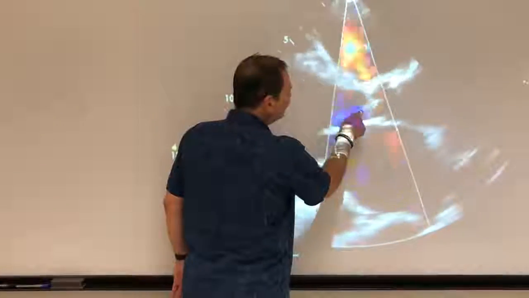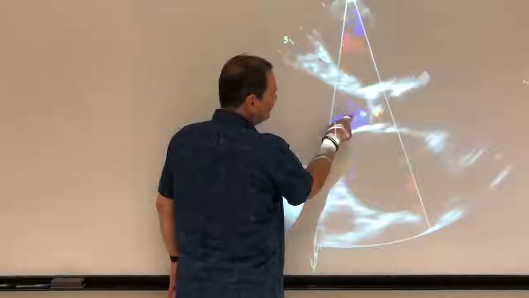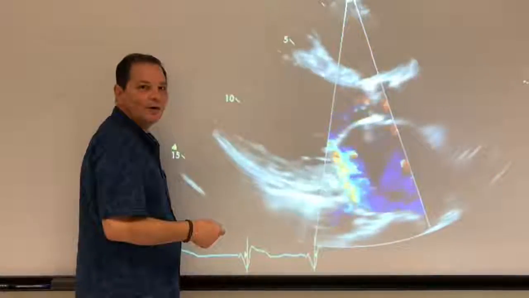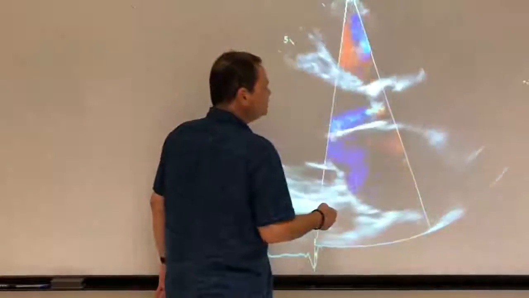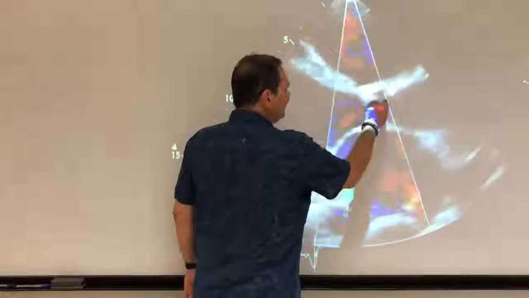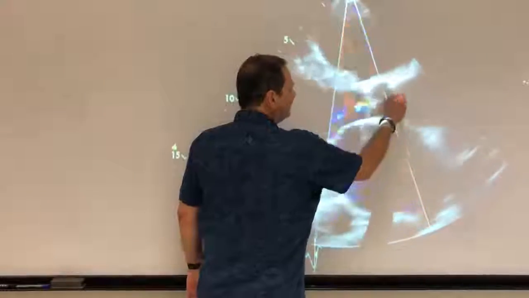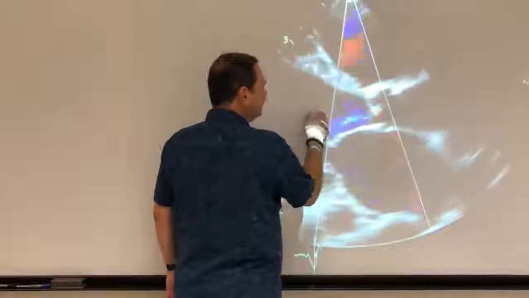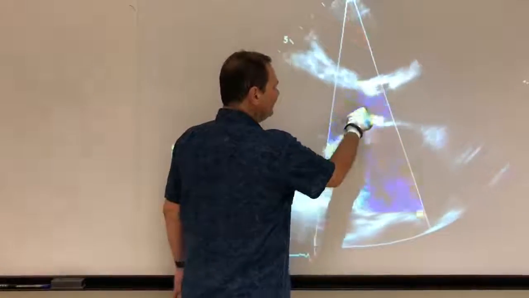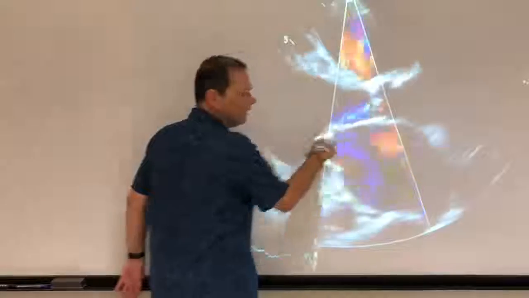But notice this color appears when these leaflets come together and are closed. This is blood leaking back through the aortic valve when it shouldn't. Ordinarily, when this valve closes, it closes to prevent blood from flowing back from the aorta into the ventricle as the ventricle is relaxing. That is not happening here, so this is an insufficient aortic valve.